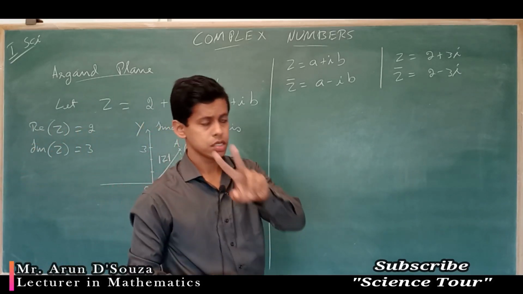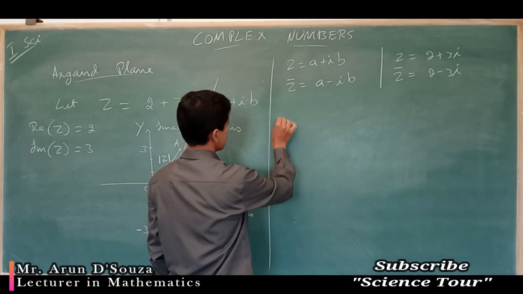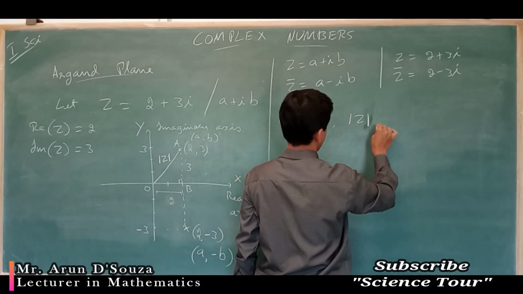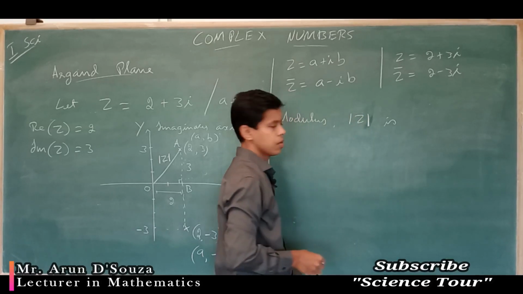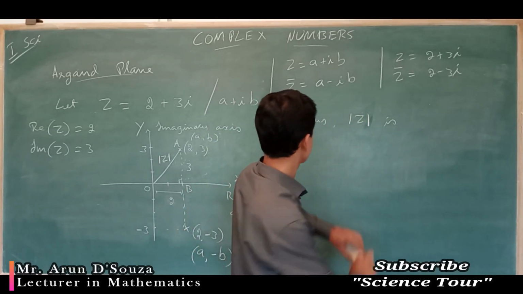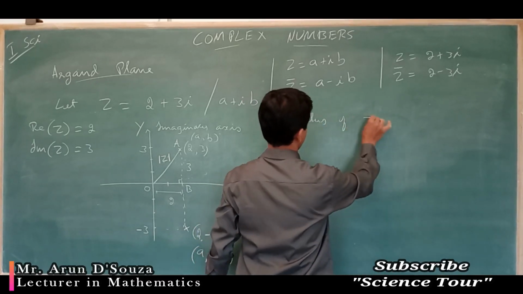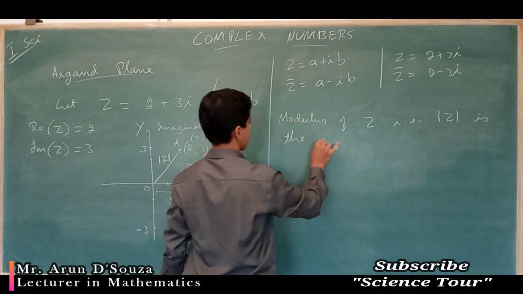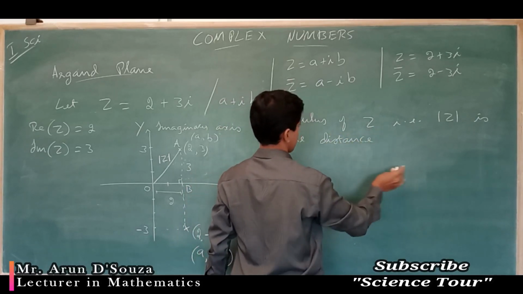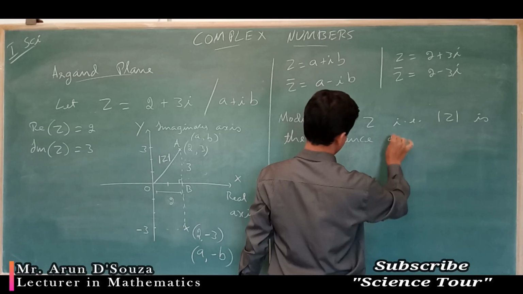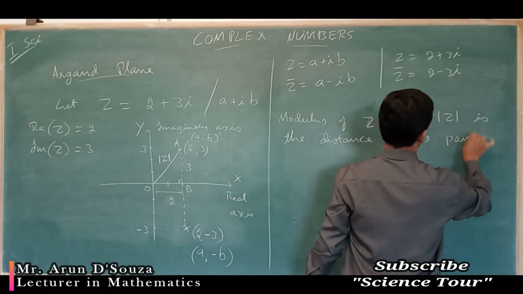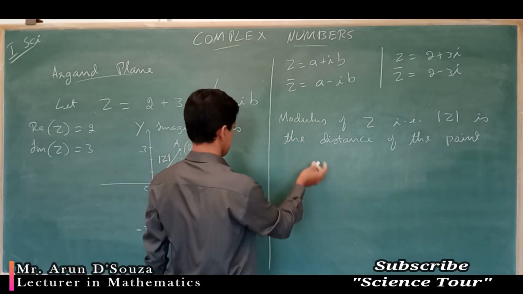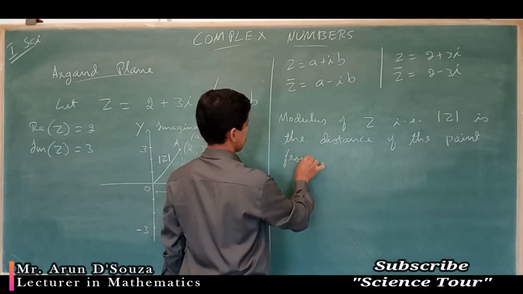Right. So understand two things. First, the modulus of z is the distance of the point from the origin.